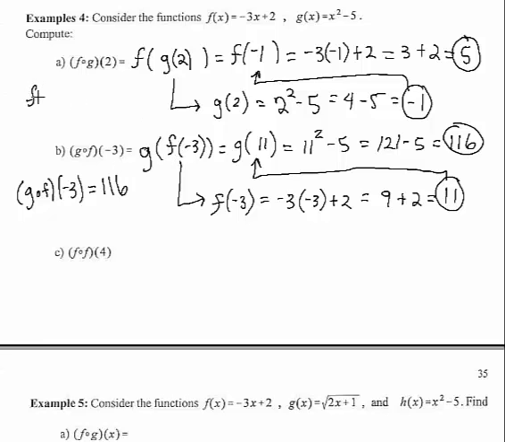And likewise for a, f of g of 2 equals 5. If you wanted to write this with an arrow diagram, we could say this from here to there, and I'm doing B here. I'll write it below: g of f of -3.